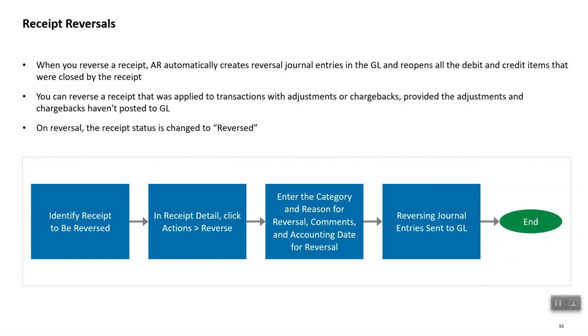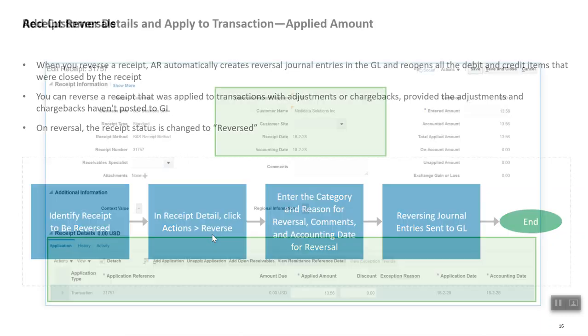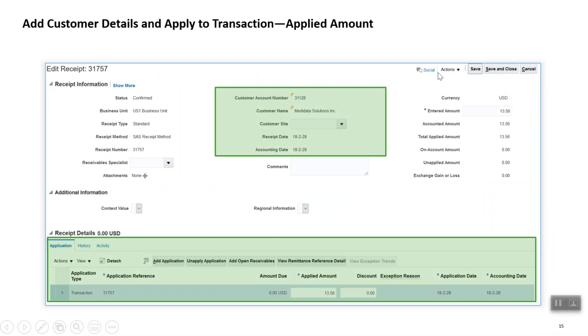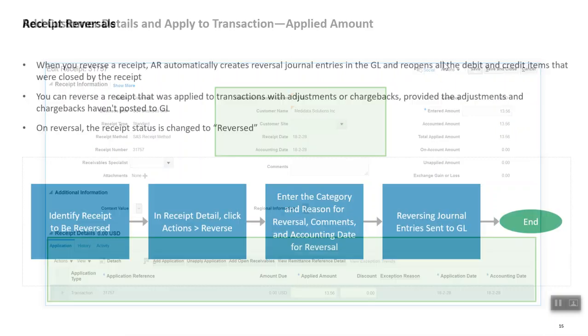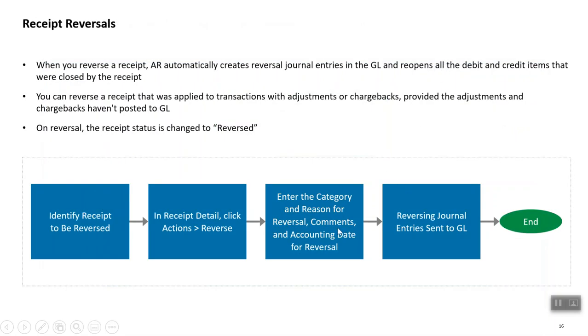So you'll first identify the receipt that you would want to reverse, then you would go to Actions and click on Reverse. This is the same Actions menu that I just spoke about. You put in the comments and the details, such as the date you want to reverse it to, or the reason.